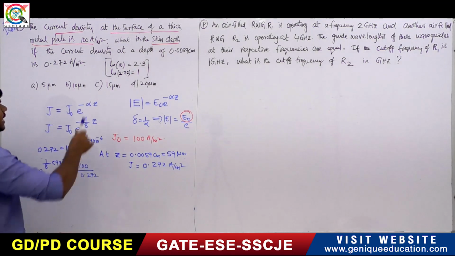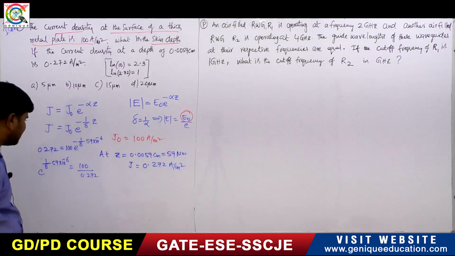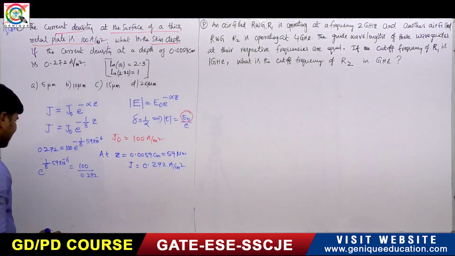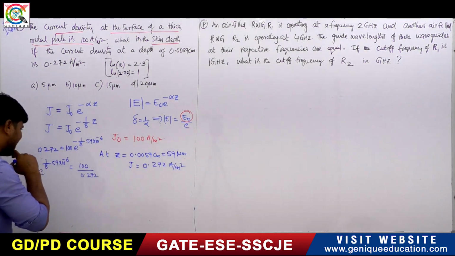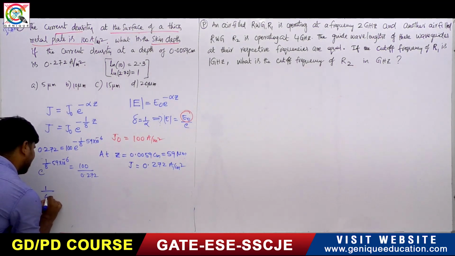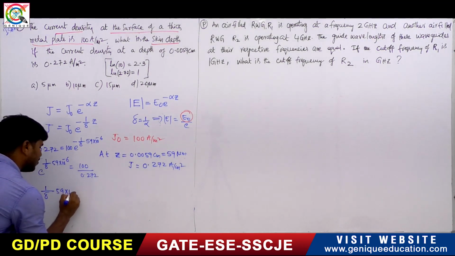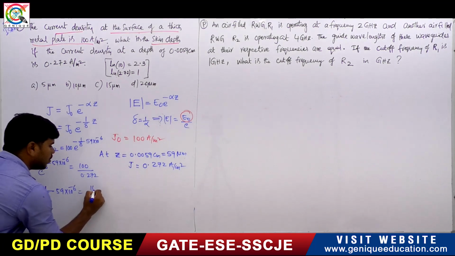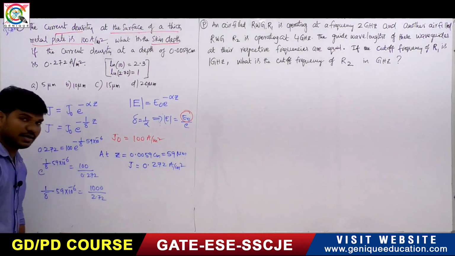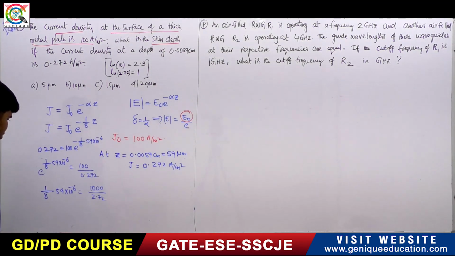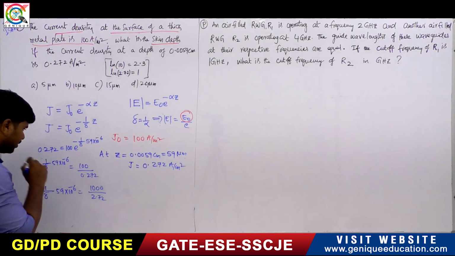Okay, but here he has given some values. Observe this. So if I write the logarithm value here, how much you will get? So here 1 divided by delta, 59 into 10 power minus 6 is equals to 1000 divided by 2.72. I am multiplying by 10 and dividing by 10.